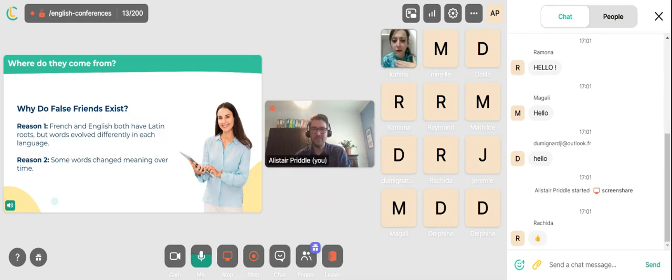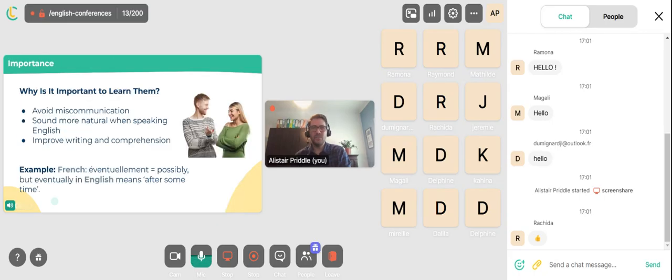So we're looking at false friends here. Okay. So what is the importance? Okay, why is it important to learn them? There are a number of reasons why. To avoid miscommunication, to sound more natural when speaking English, and to improve writing and comprehension.